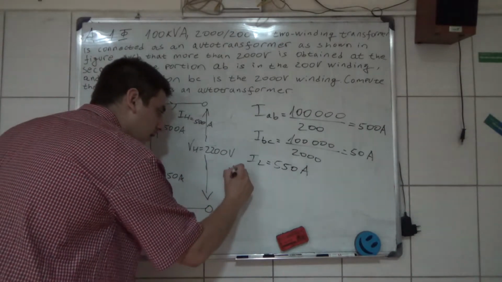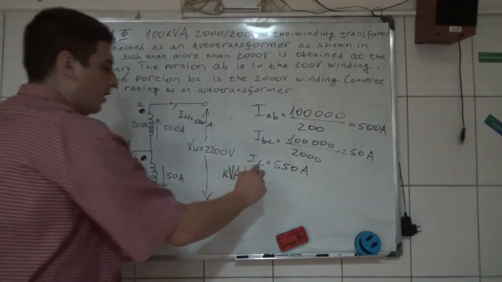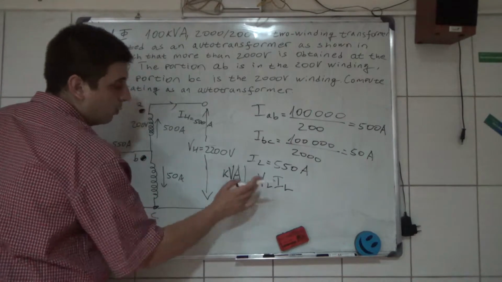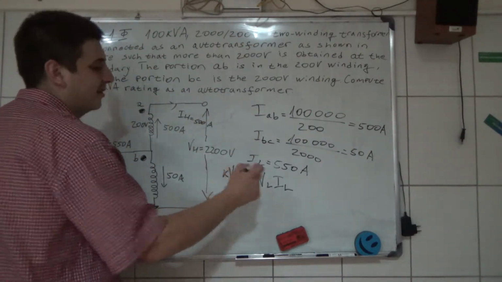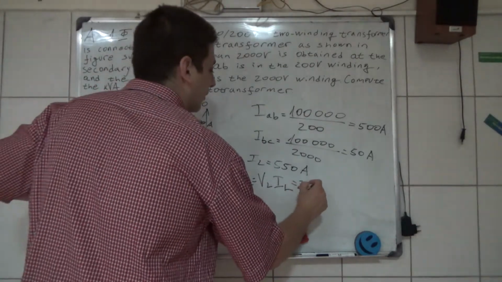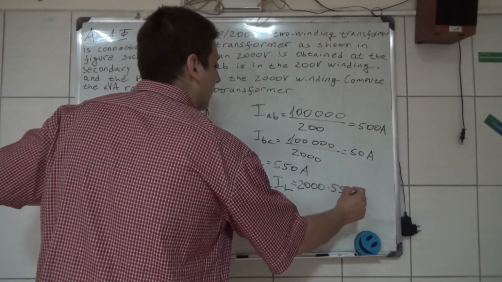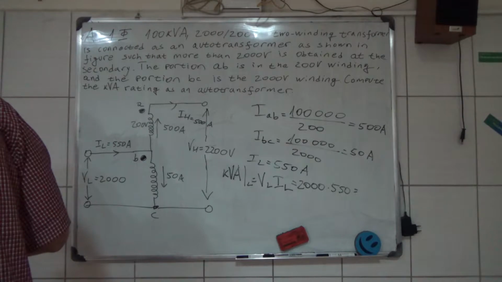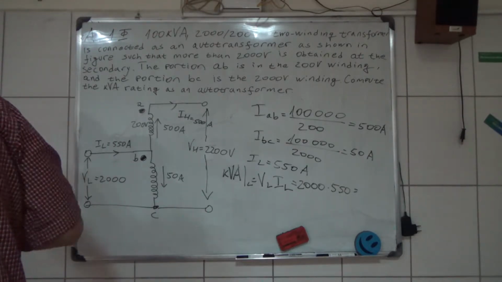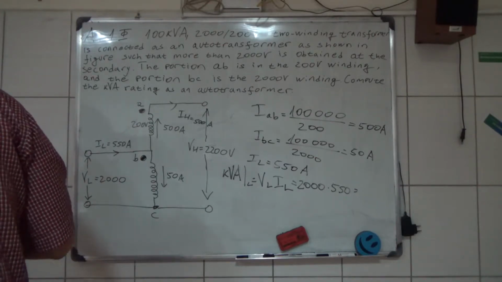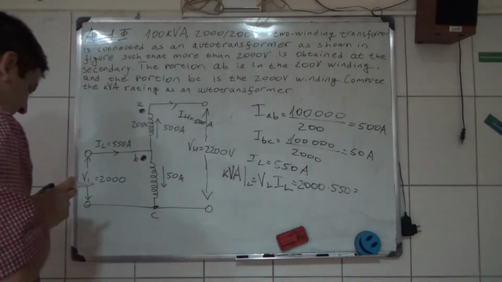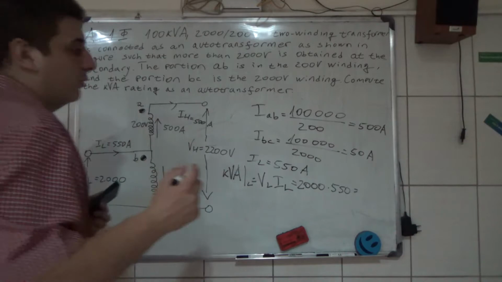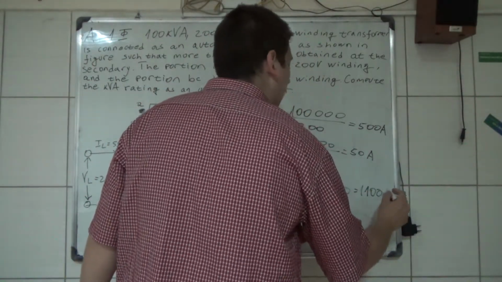So the kilovolt ampere from the low voltage side is equal to the low voltage side voltage times the low voltage side current, and that is equal to 2000 times 550, that is equal to 1100 kilovolt ampere.